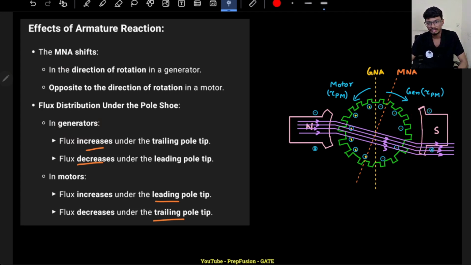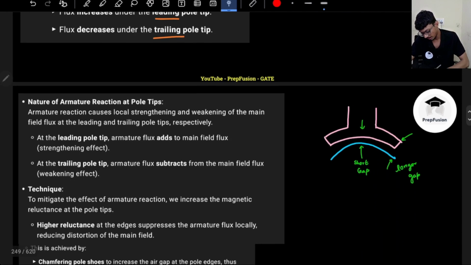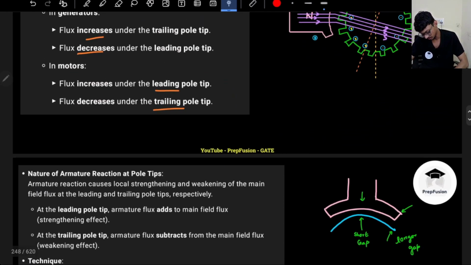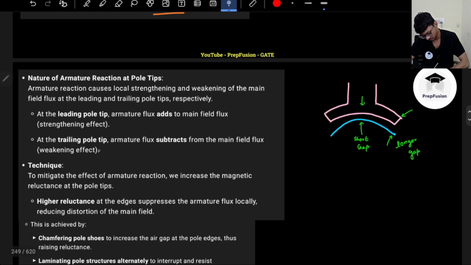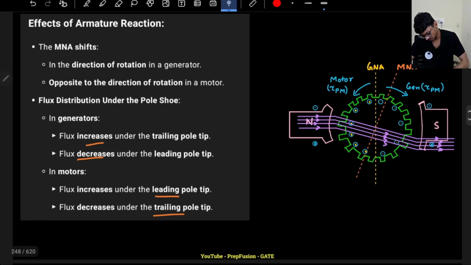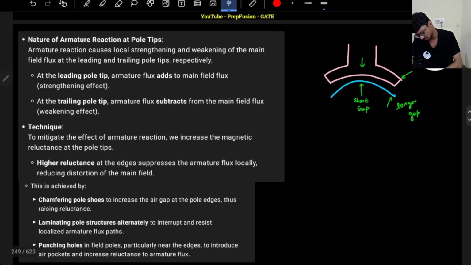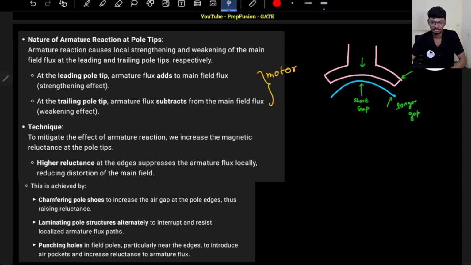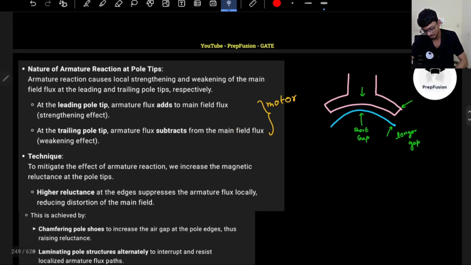Sorry, this is talking about a motor. For a generator it will be just the opposite. So let's discuss the motor only.